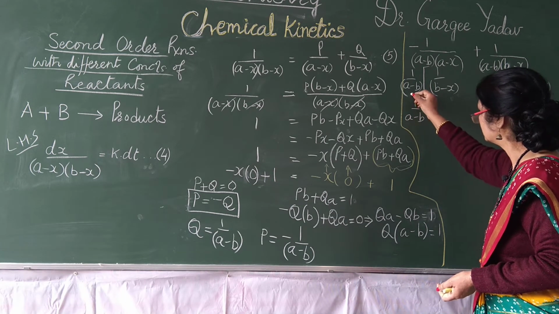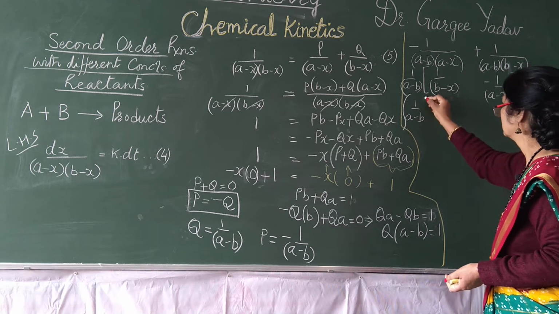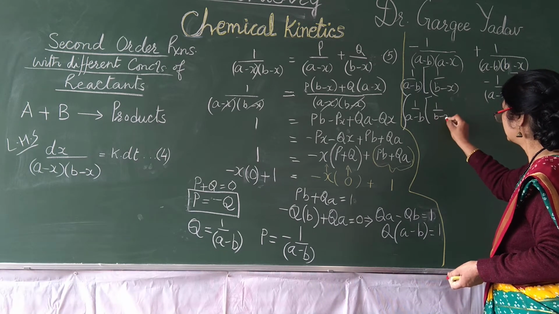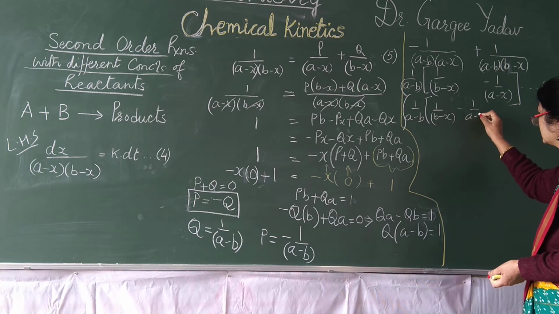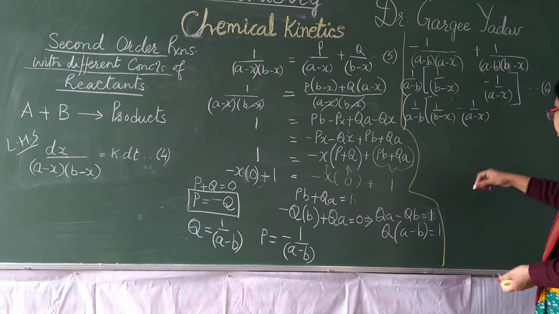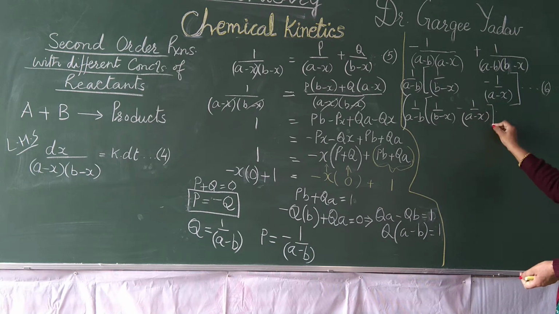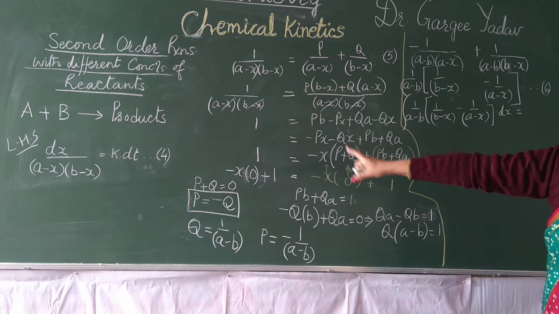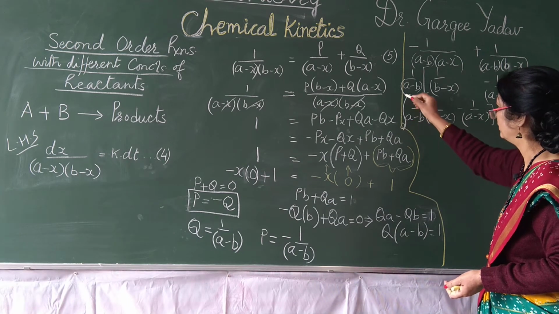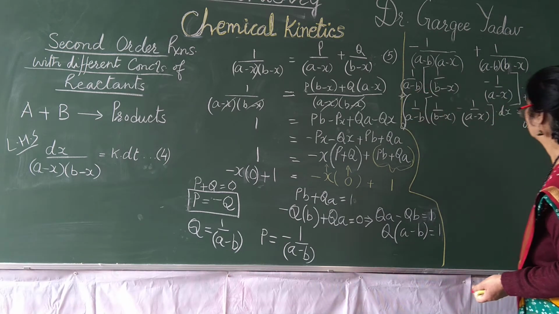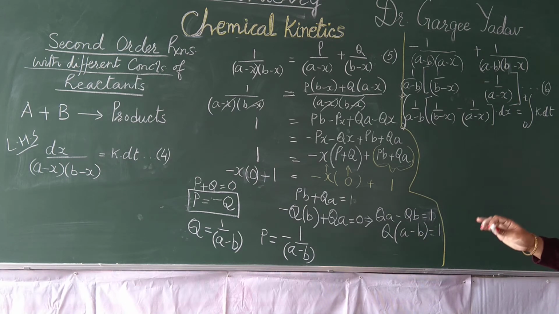We have to integrate this whole equation, 1 upon b minus x minus 1 upon a minus x into dx will be equal to how much? K dt. The limits are 0 and t, and here the limits are 0 and x. Now we have to integrate it.